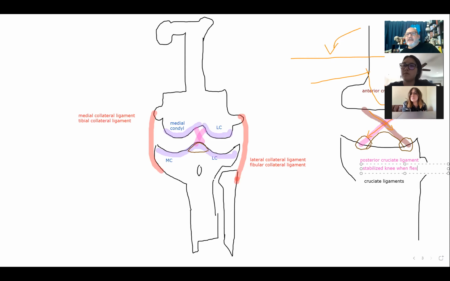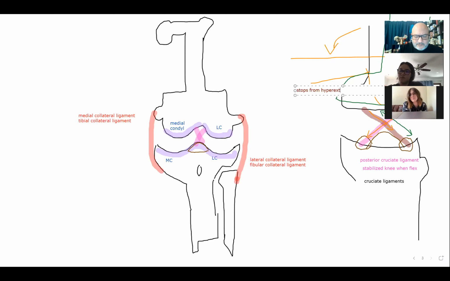Notice conversely, if we were to extend the knee, bring the knee back up to this position, then that is when we would be stretching out the anterior cruciate ligament. So the anterior cruciate ligament is responsible for stopping the knee from hyperextending, which, if you think about it, is how people damage their ACL.